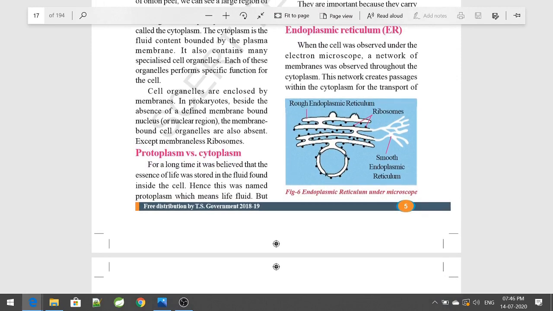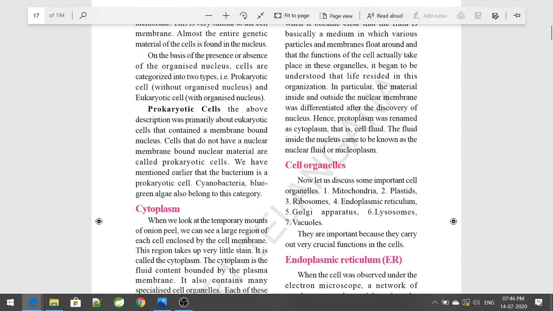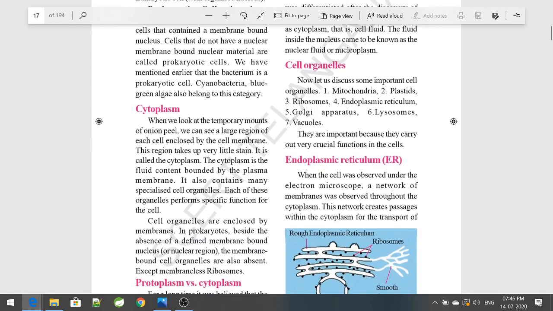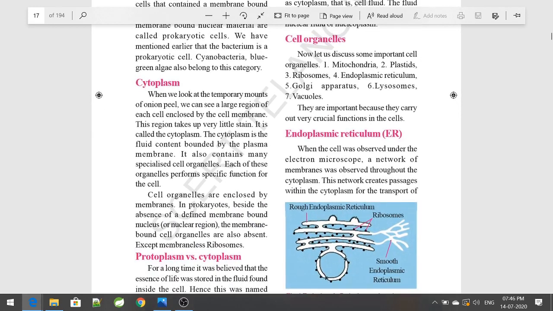At first it was believed that it was protoplasm, which is the life form, but after the discovery of the nucleus, it was confirmed that the nucleus contains the genetic material and is the main organelle, the brain, by which all things are performed. After the discovery of the nucleus, we call the rest only cytoplasm.